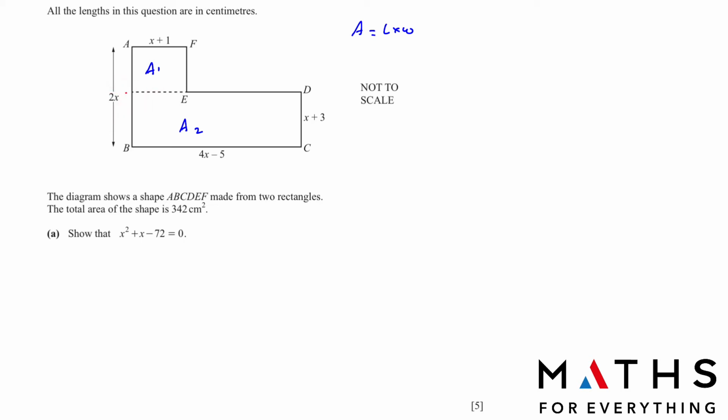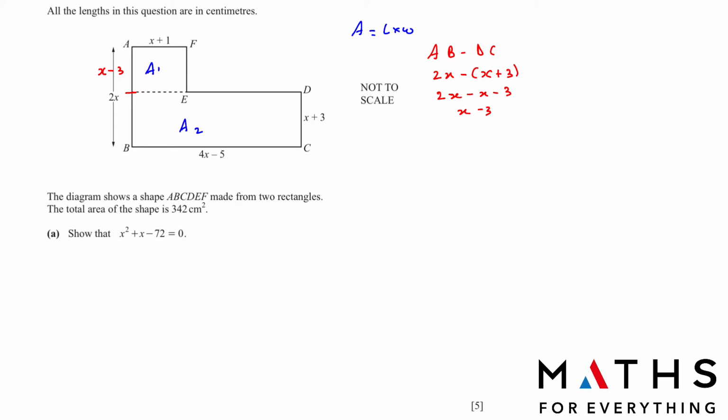To get this length from A till the red mark, it will be AB minus DC. So AB minus DC, 2x minus (x plus 3). Remember to put that bracket, and the sign will change for the negative 3 also. 2x minus x is x, minus 3. So this here is x minus 3.